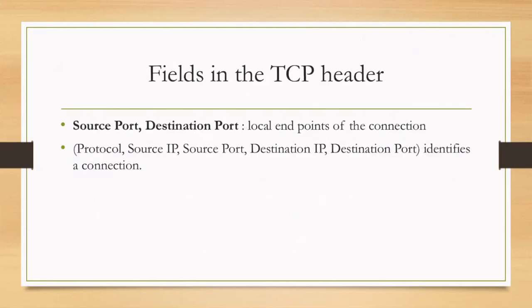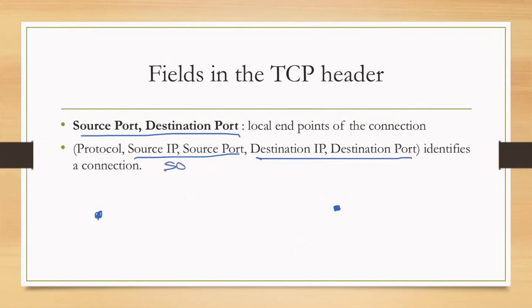Let's look at the fields one by one. The first one is source port and destination port. You already know what a port is. These are the endpoints. It denotes the endpoints of the communication. Every segment will have the source port number and the destination port number. To identify the connection, I have mentioned that it is the source IP, source port, destination IP, destination port.